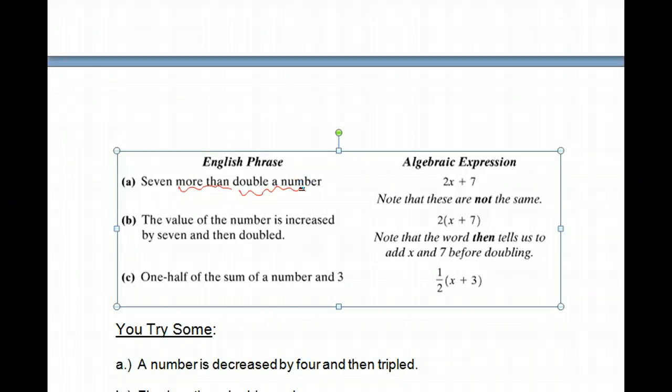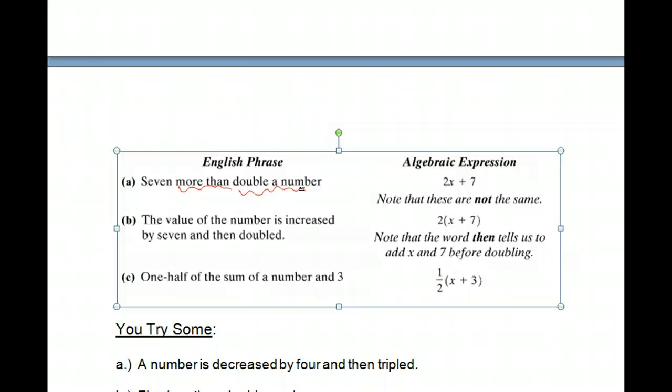So you need to look at this expression and decide for yourself, do I have to have parentheses in here? Or is it okay, according to the order of operations, for me to simply write 2x plus 7? And in this particular example, it is acceptable to just have 2x plus 7 because order of operations will allow us to take care of that multiplication first and the addition second.